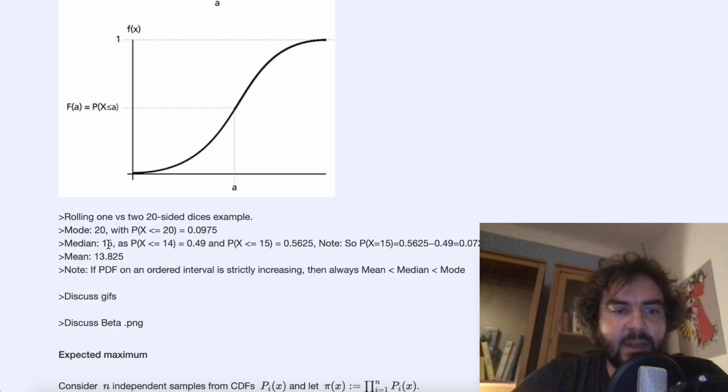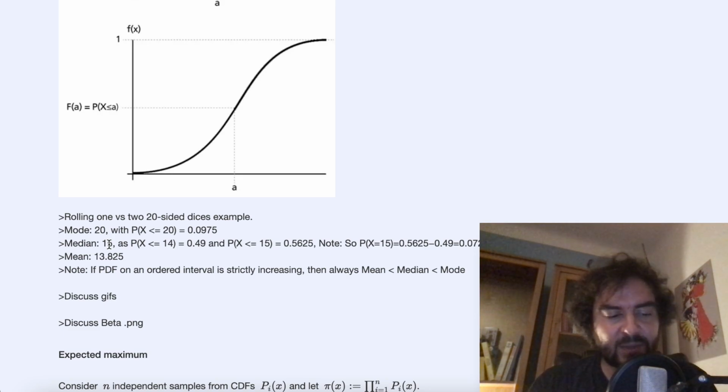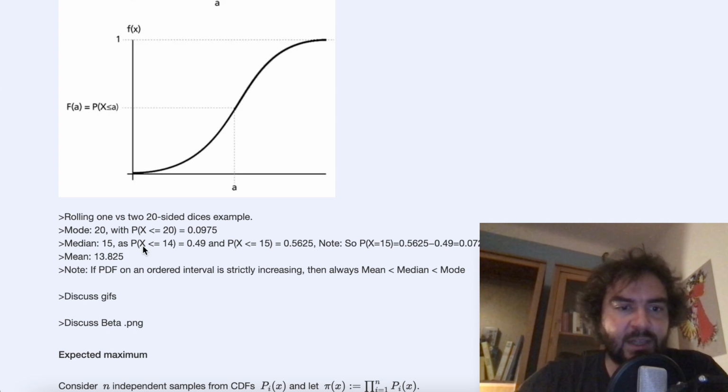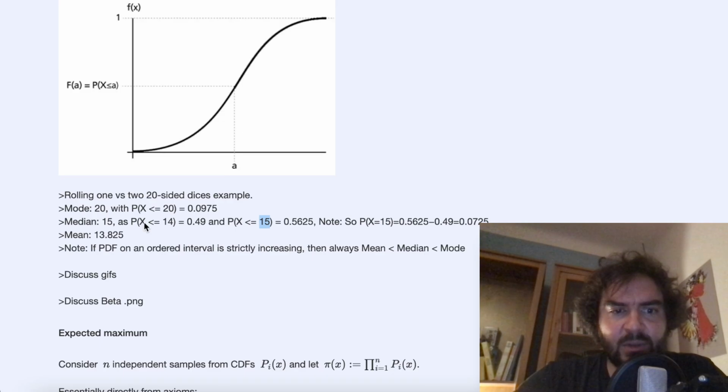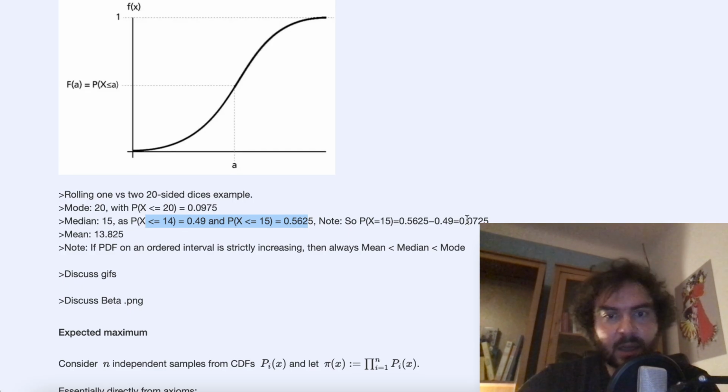Whereas for the median, which is looking at what value gives you the probability of being on the left side of it of 50%, that comes out to be between 14 and 15, and so by definition 15 is the median here. And these two numbers, if you subtract them, also give you the probability that you get exactly 15, which happens to be a little bit over 7% in this case. And the mean comes out like this.